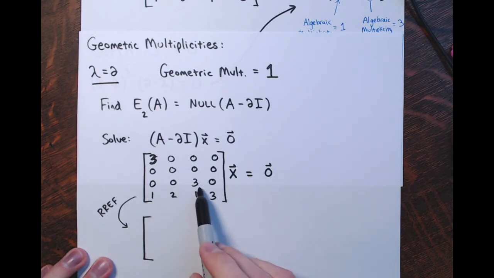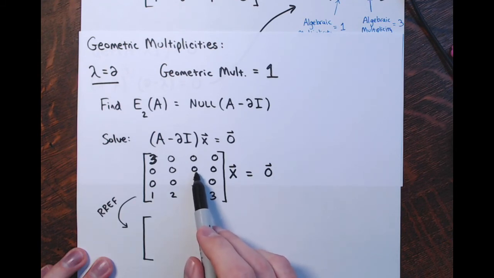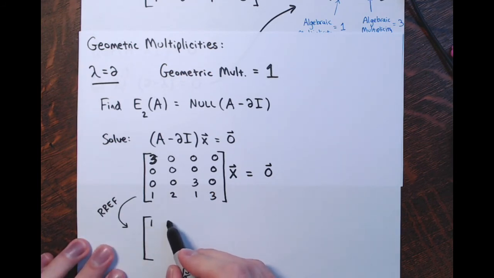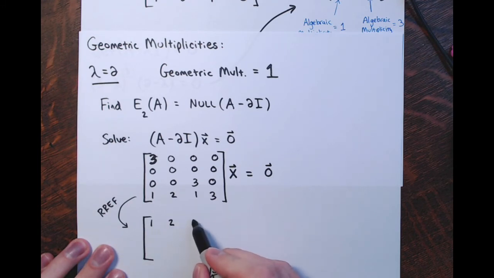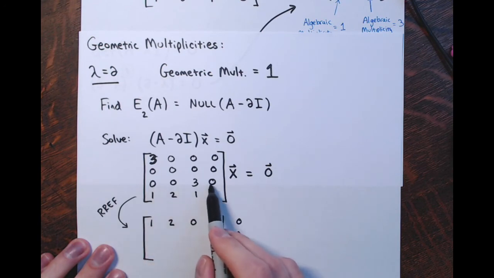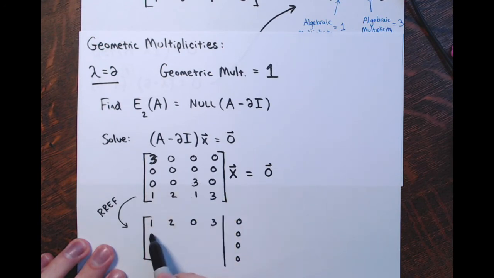And then this would be a pivot. I move this to the second row, multiply by a third, and then I'll get this 1, 2, 0, 3. Then again, I'll move this third row to the second row and multiply it by a third to get the pivot 0, 0, 1, 0, and then a couple rows of zeros.